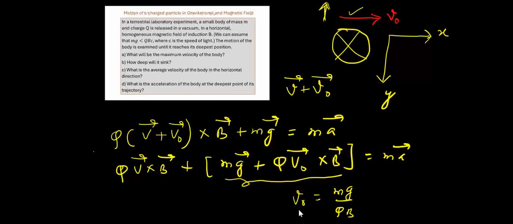And if you choose the velocity v0 equals mg by qB, you will see the expression in this square bracket vanishes. It becomes equal to 0.